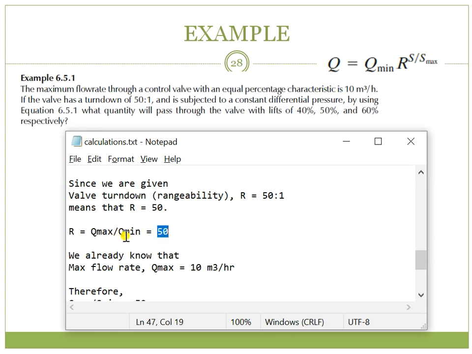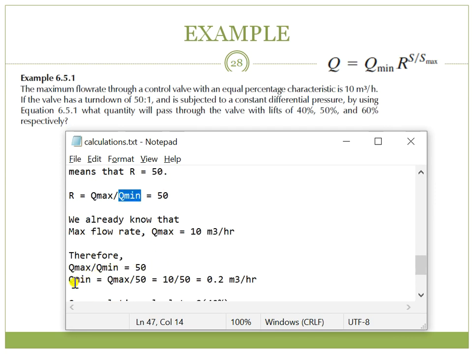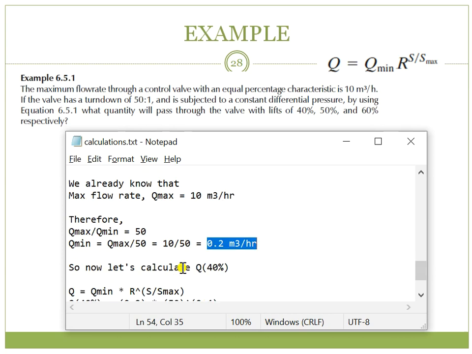So now we can calculate Q min, since we already know Q max. Given that Q max is 10 meter cube, therefore Q min is equivalent to Q max over 50, 10 over 50, and this is the value of Q min, 0.2 meter cube per hour.